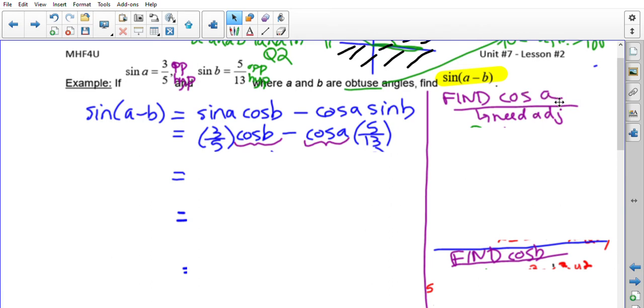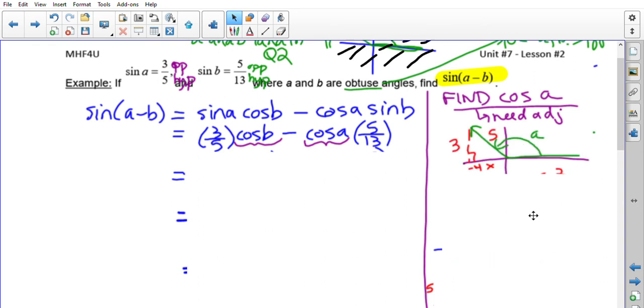So if I need to find cos A, I'm looking here at sine A. We know sine A equals 3 over 5. We know A lands in quadrant 2 as well. So here's my angle A in quadrant 2. Remember, sine A always refers to opposite over hypotenuse, so this is always y over r.